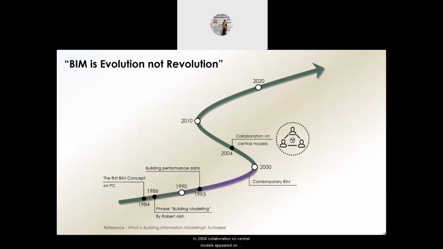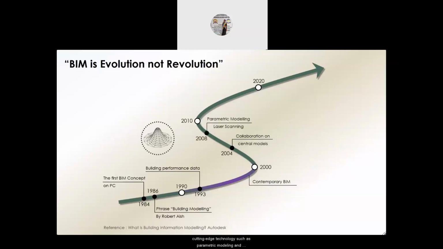In 2004, collaboration on central models appeared on BIM applications. The advancements of BIM accelerated considerably from that point. And in 2008, more cutting-edge technologies such as parametric modeling and laser scanning were incorporated into BIM applications.